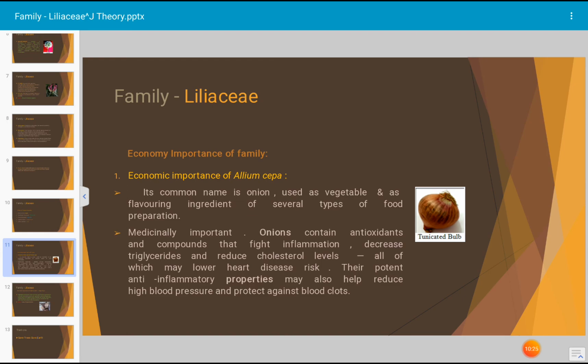Medicinally important, onion contains antioxidants and compounds that fight inflammation, decrease triglycerides and reduce cholesterol level, all of which may lower heart disease risk. Their potent anti-inflammatory properties may also help to reduce high blood pressure and protect against blood clots.